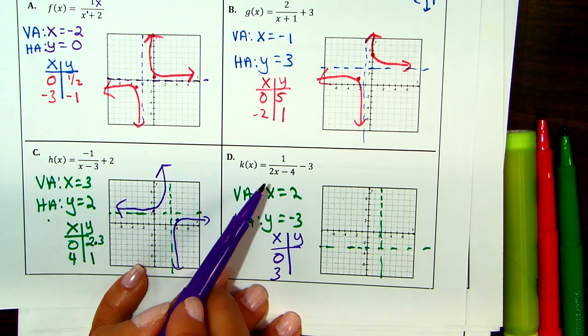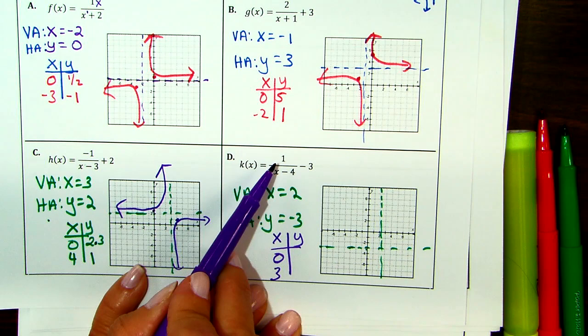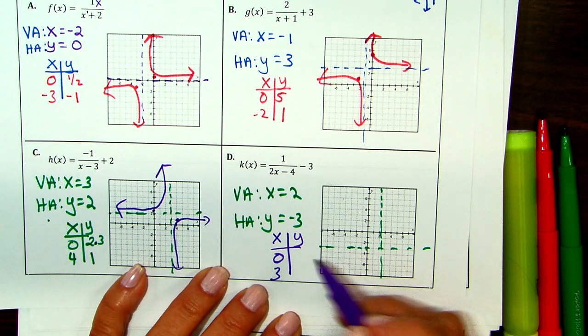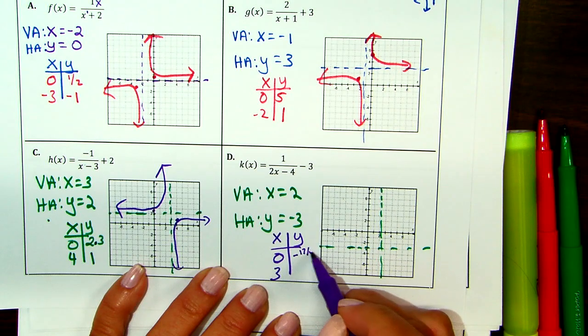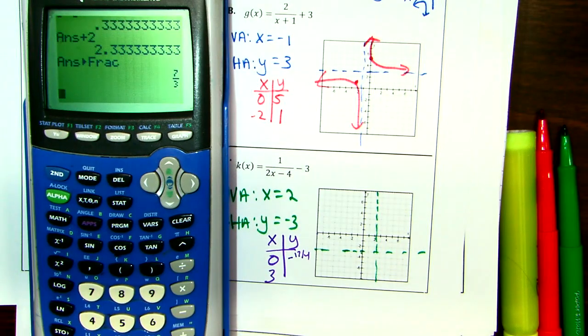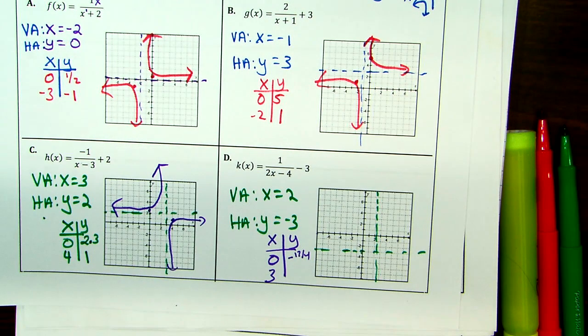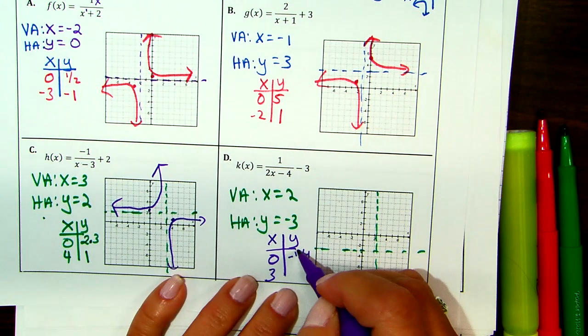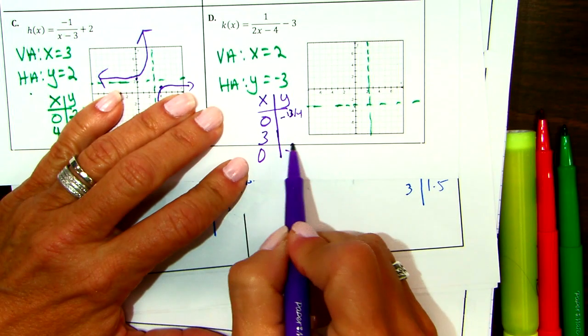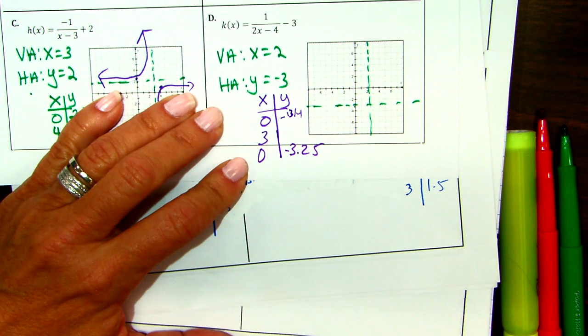So 0 in my denominator gives me -1/4 minus 3. I have -13/4 written on my paper, but what is that? 13 divided by 4 is 3.25. So that's negative, I'm going to put it here, -3.25.